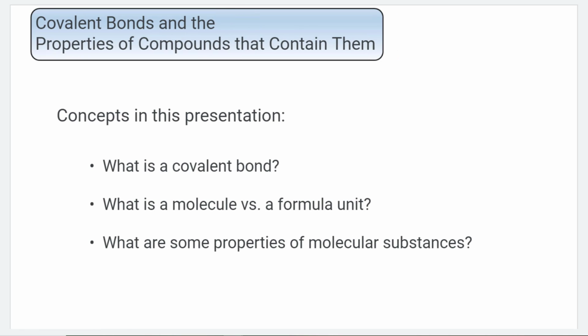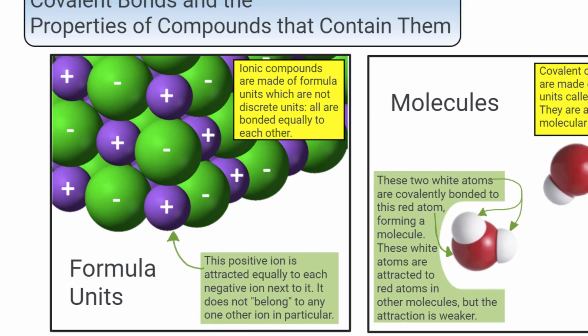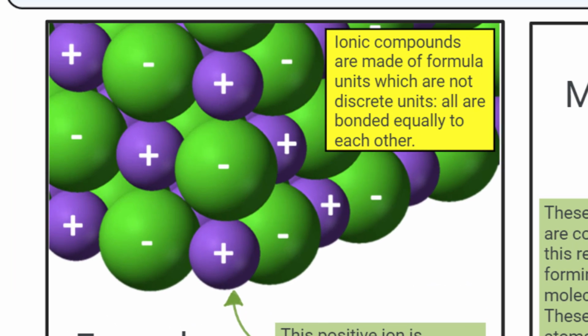Okay, now we have talked about what a covalent bond is. Let's move on and see what the difference is between a molecule versus a formula unit. So in this picture, we see that we have an ionic compound, and this ionic compound is made up of ions, obviously. But there are no discrete units that make up the ionic compound.